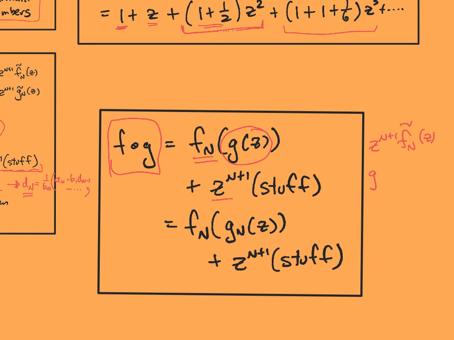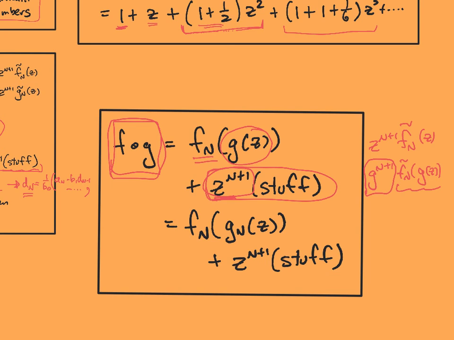So I'll just be putting G into that. But I know all of this is analytic, and I know that G vanishes to at least order 1, so then this has to vanish to order n plus 1 times this analytic thing. So this part doesn't influence my computation of the nth coefficient of this power series.